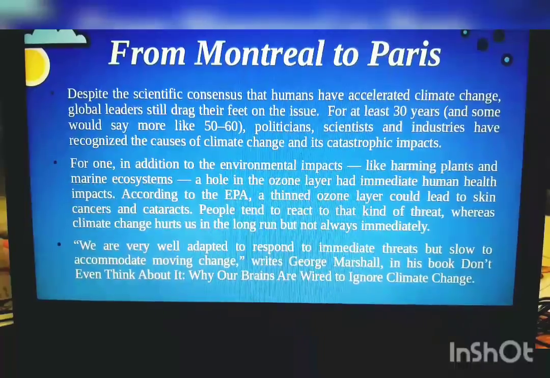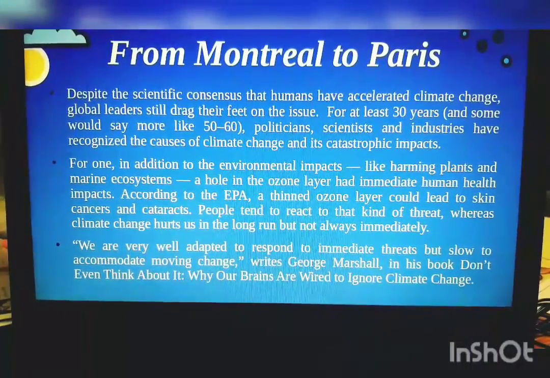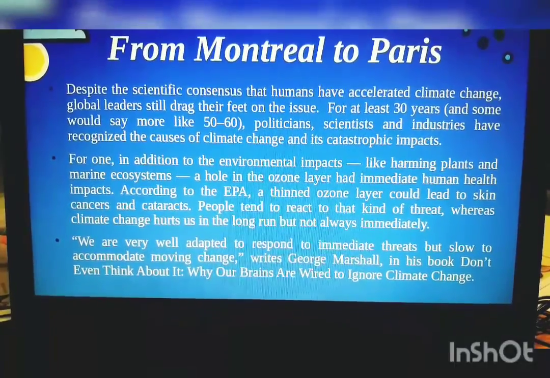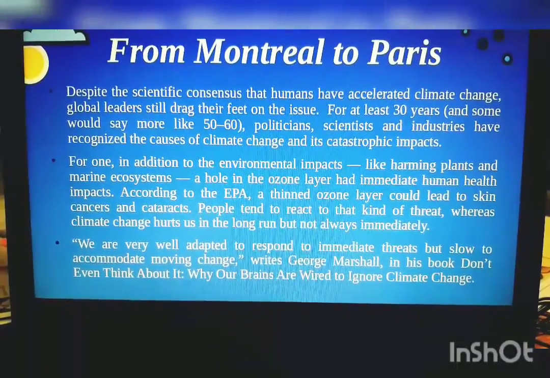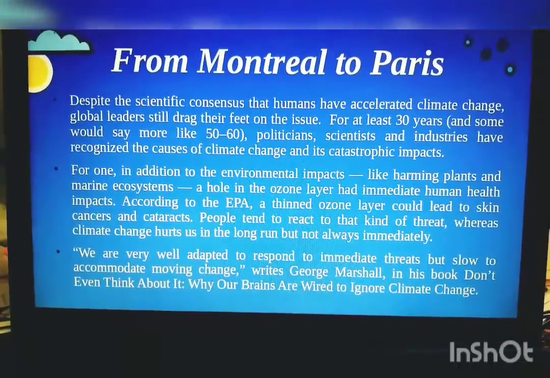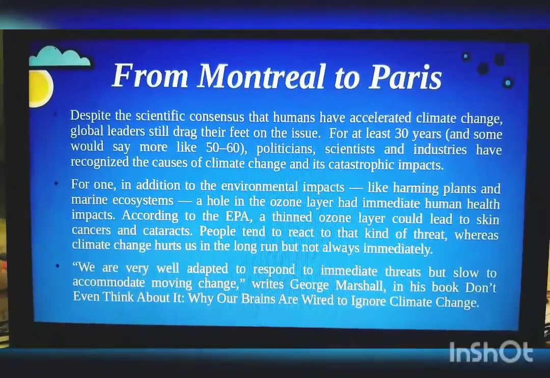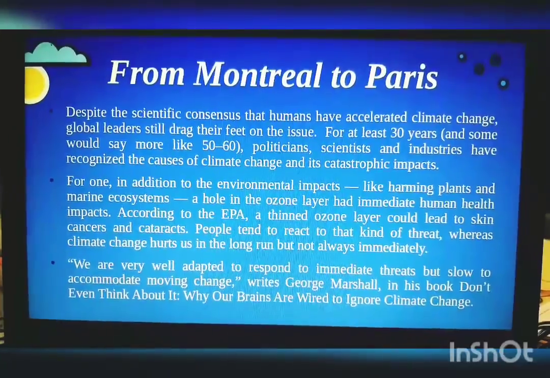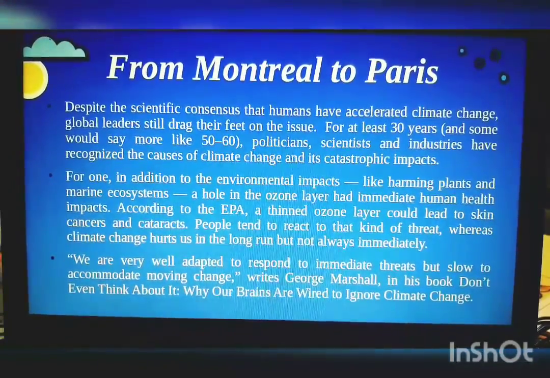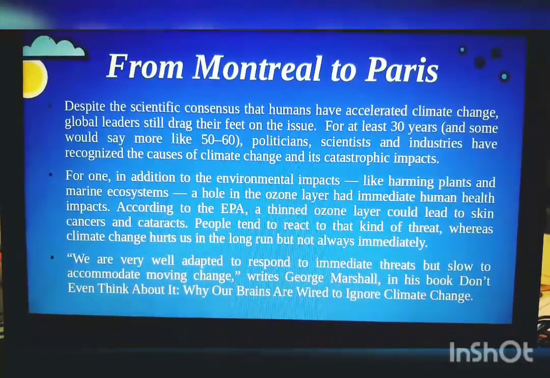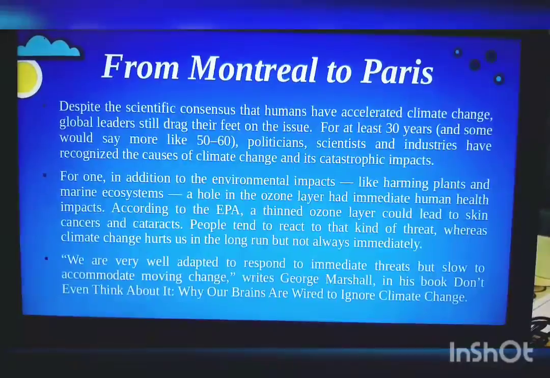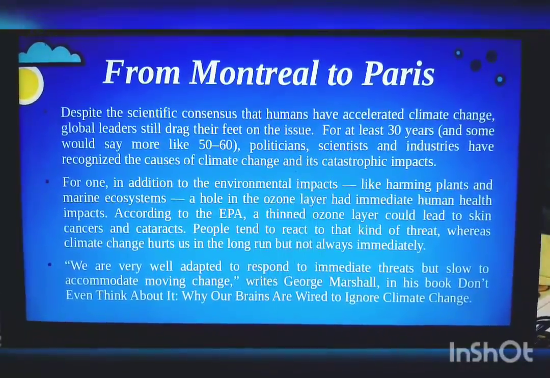According to the EPA, a thinned ozone layer could lead to skin cancers and cataracts. People tend to react to that kind of threat, whereas climate change hurts us in the long run, but not always immediately. We are very well adapted to respond to immediate threats, but slow to accommodate moving challenges, writes Josh Marshall in his book, Don't Even Think About It: Why Our Brains Are Wired to Ignore Climate Change.